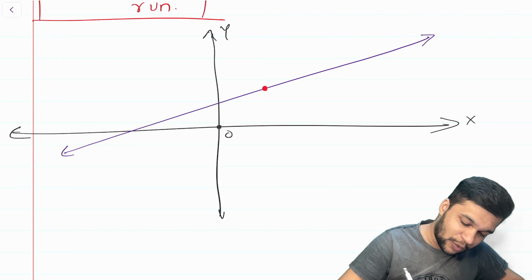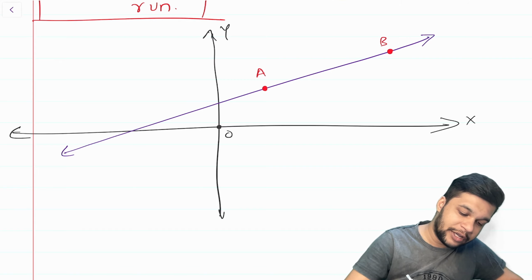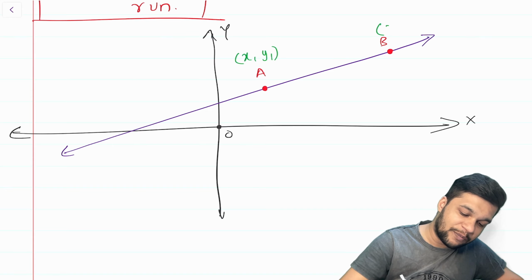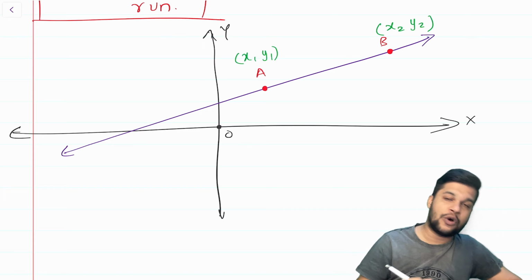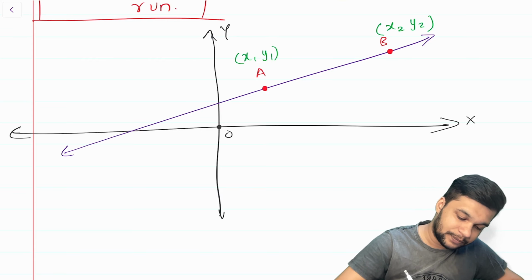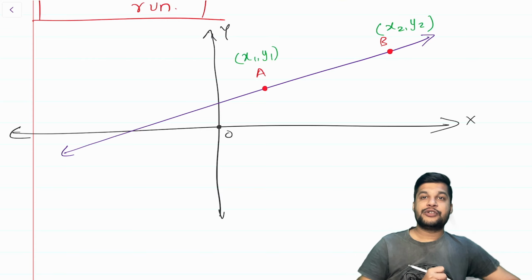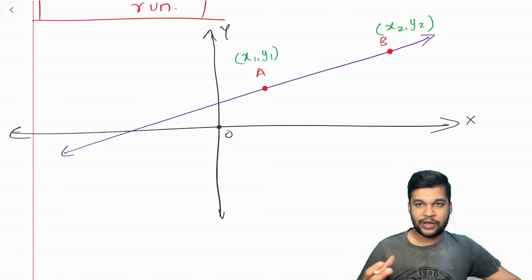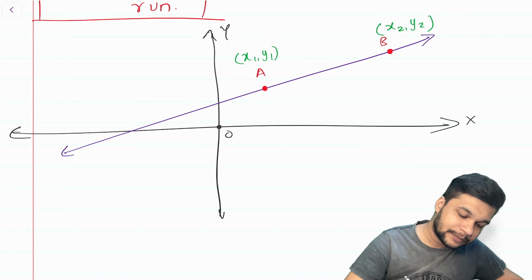Let's call this point A and this point B. The coordinates of A are x1 and y1. The coordinates of B are x2 and y2. So we have to find the slope of this line.